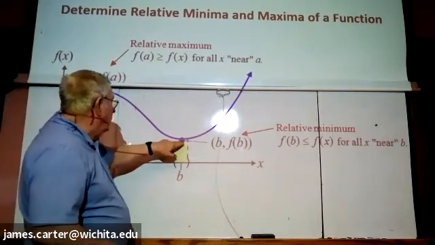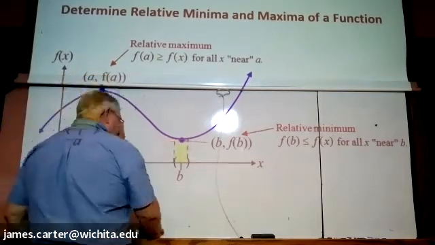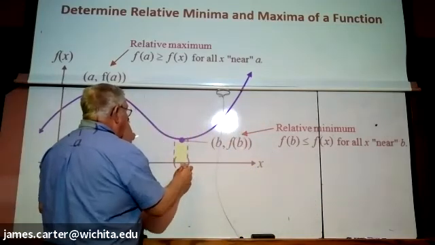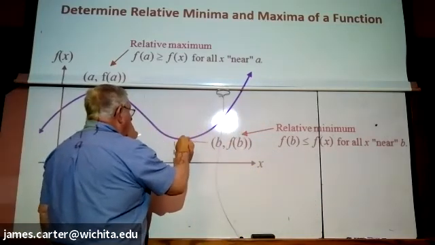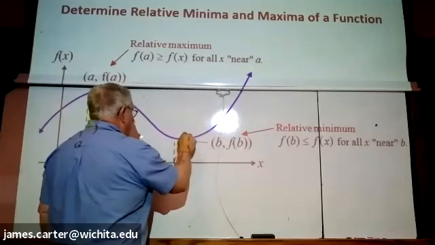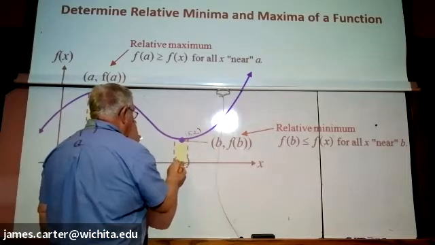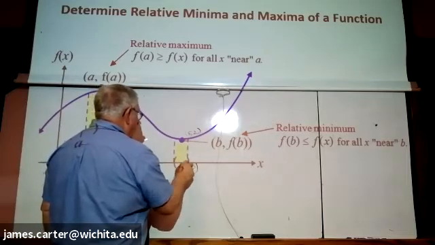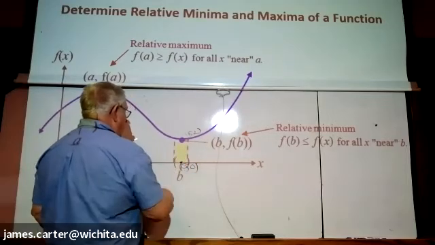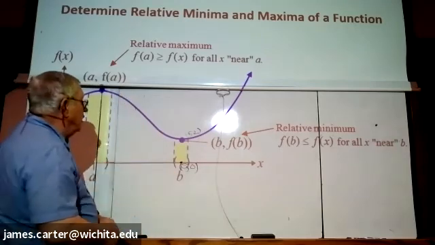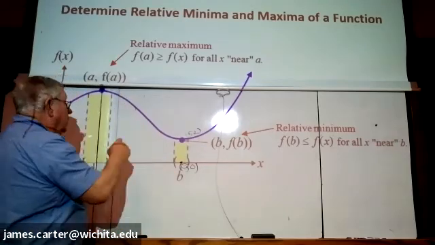Likewise here, if this is x equals 5 and this is y equals 2, or in other words, the point 5, 2, and this is the point 5, 0. Okay. There are two ways you can write your answer on this.